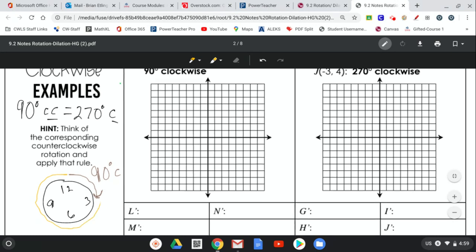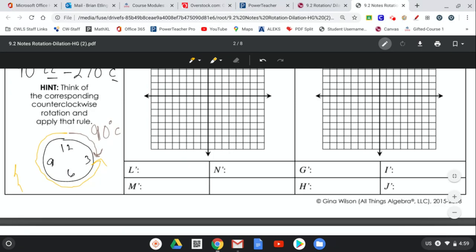Hit the 3, so that is 270 degrees counterclockwise. It ends up at the same position, okay? So what we're saying is 90 degrees clockwise is the same thing as 270 degrees counterclockwise, okay? So that's something to have written down just to think about, okay?